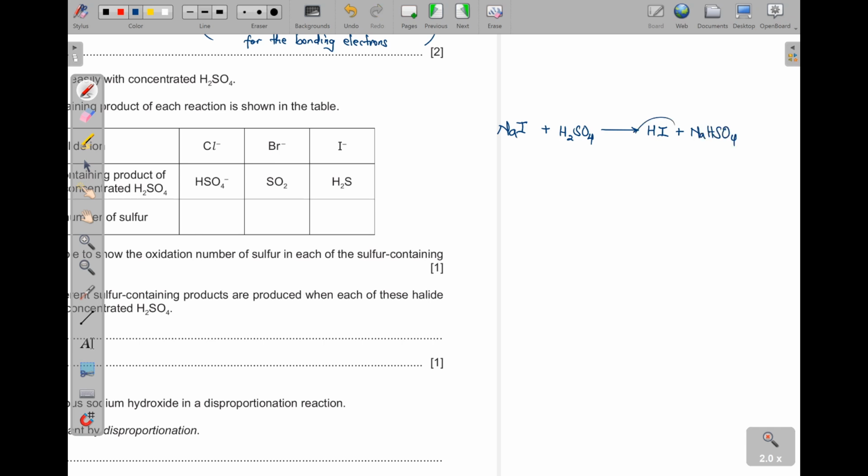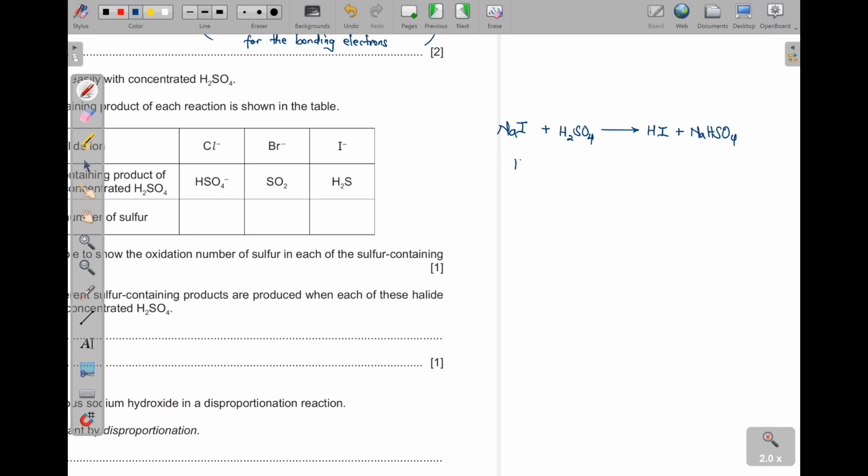Then the next one, because this one is thermally unstable and it is more of a reducing agent compared to sulfuric acid, there is going to be a reaction between the two. Sulfuric acid is going to oxidize this one.